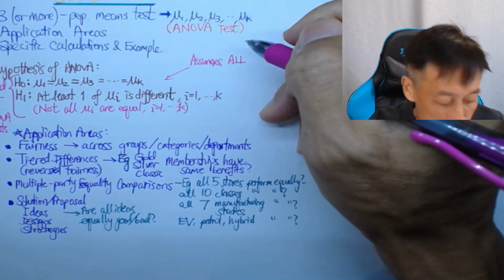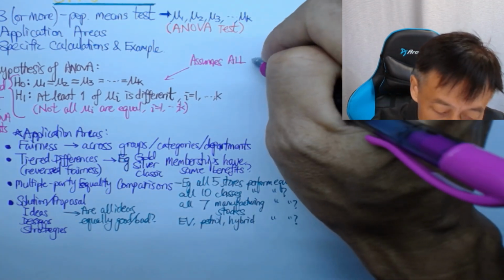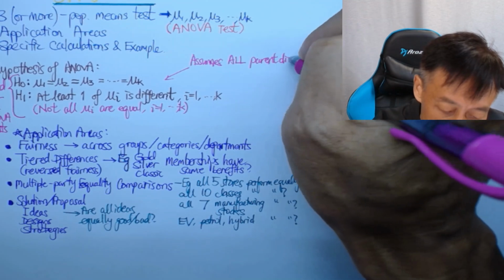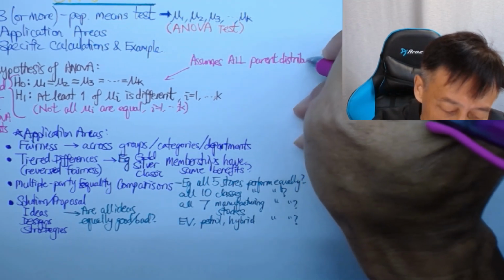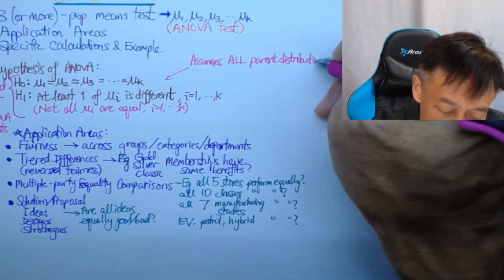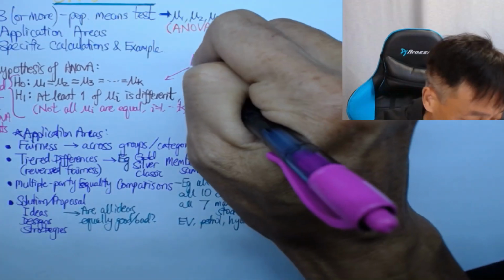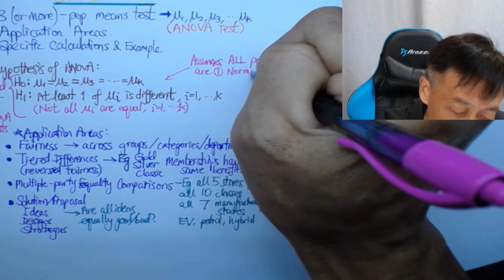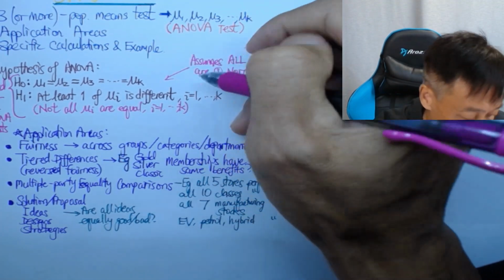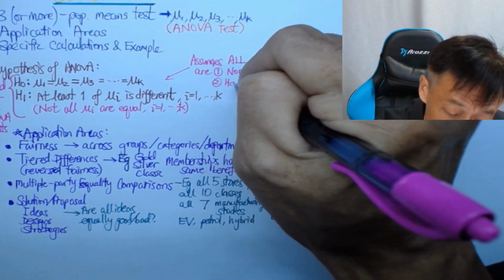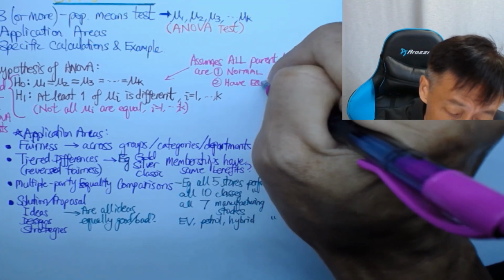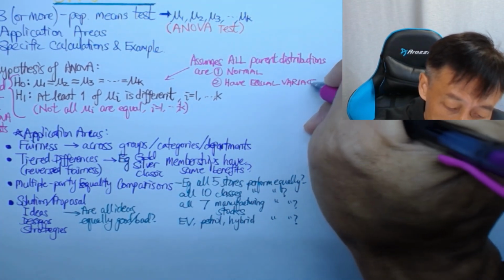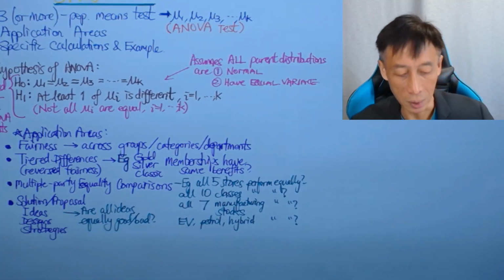Then these assumptions are actually quietly made. So it is assuming that all parent distributions, and that extends to when K is 10 or 20, are 1, normal, and 2, have equal variance, as an equality test assumption.